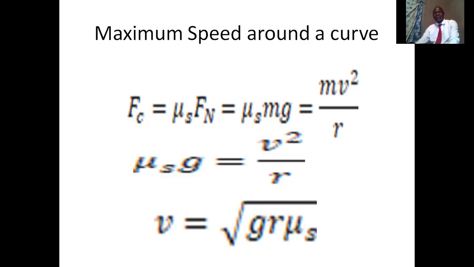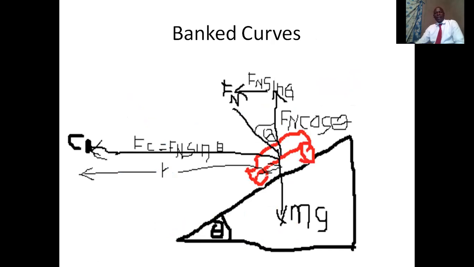This is a very important concept that we need to know. And so at times, to avoid the skidding of these vehicles when they are negotiating a curve, we find that the road is banked.